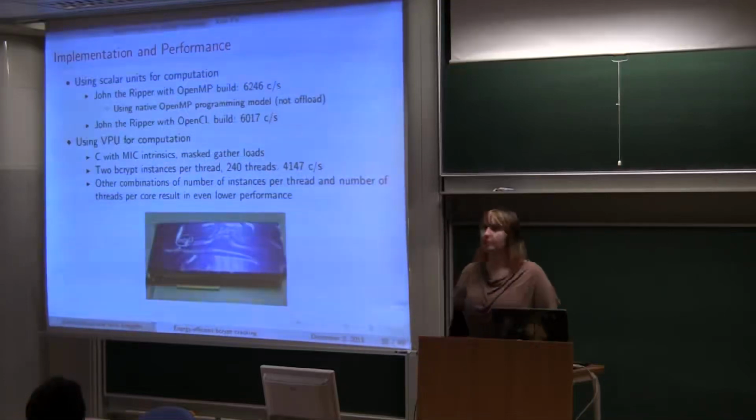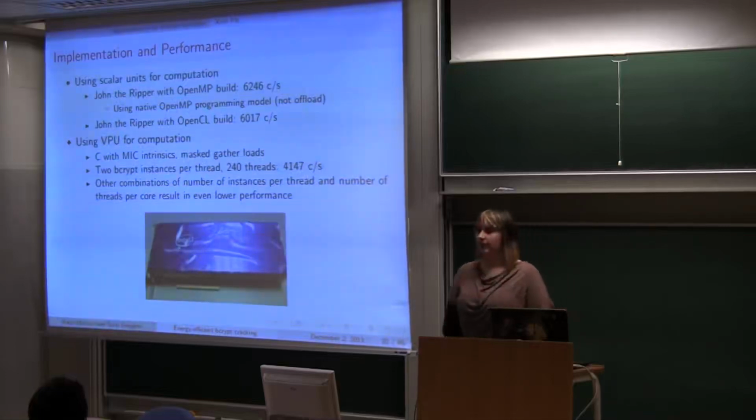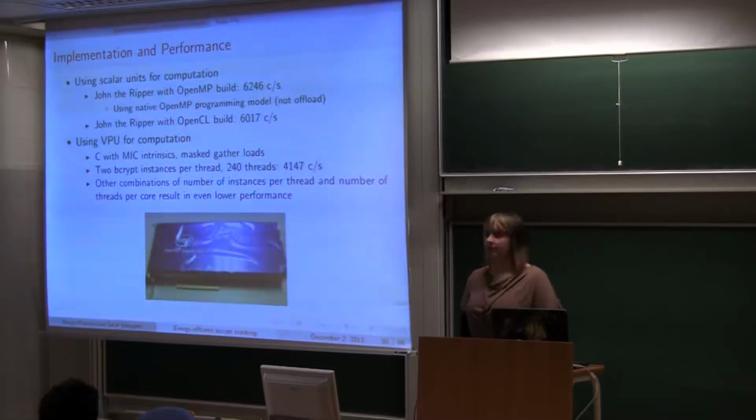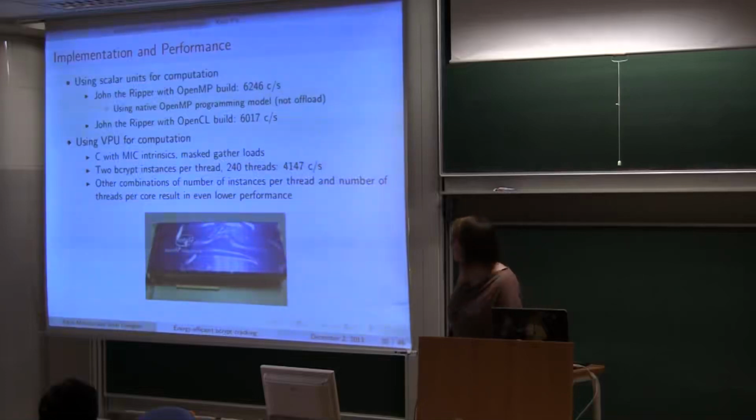And the next step was to use the vector processor unit. For that, we had to be careful that memory usage stays below the L1 data cache size, which is 32 kilobytes, because if we exceed the cache size, we won't have data ready in the next cycle when doing S-box lookups.